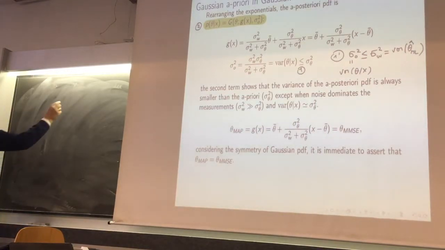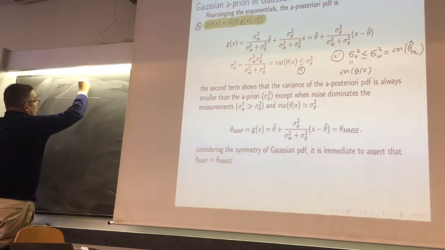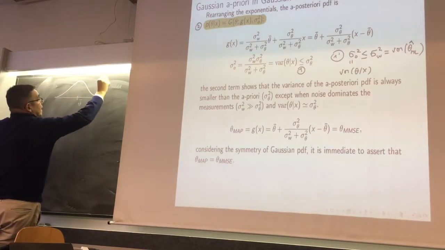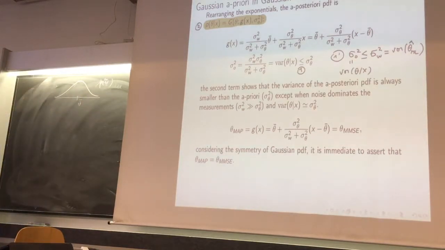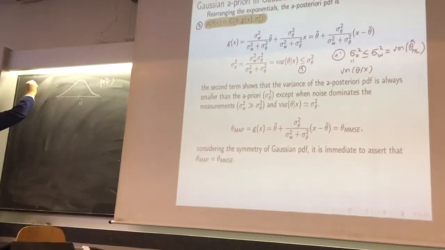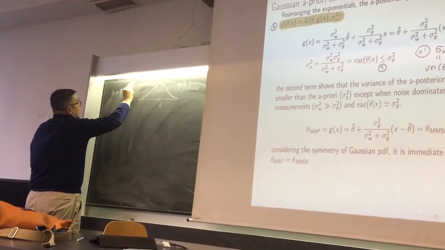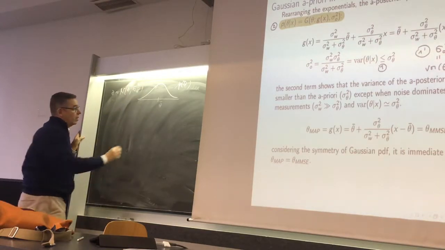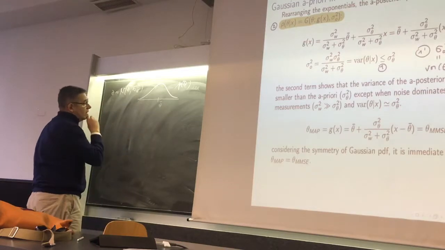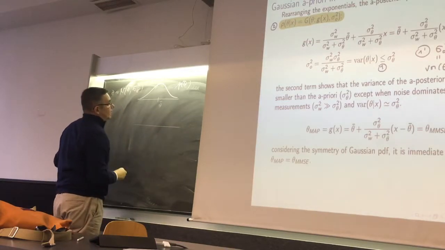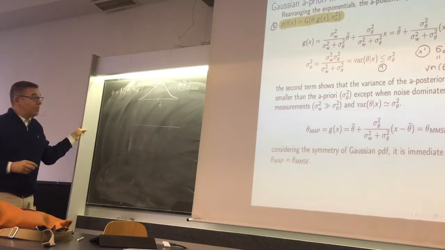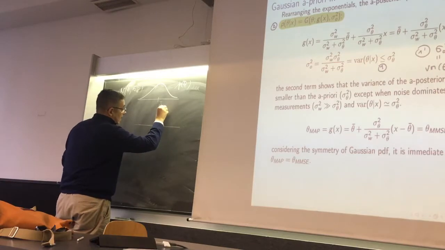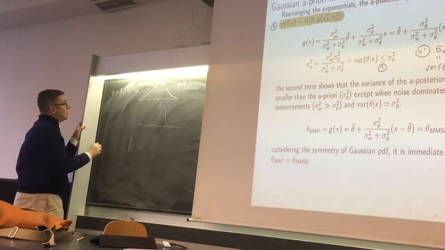Okay? So that means that if my a priori on theta naught, that is a p theta, and p theta is Gaussian. Okay, so theta a priori was considered to be Gaussian with a certain dispersion. Now, if I look at the conditional PDF, the conditional PDF is Gaussian. The a posteriori is Gaussian as well.